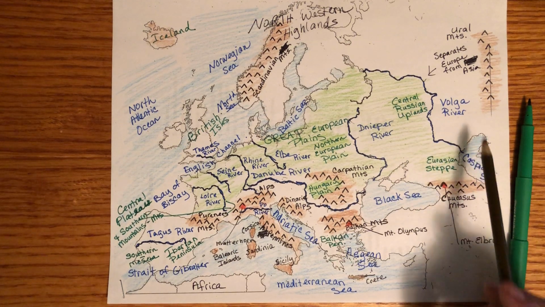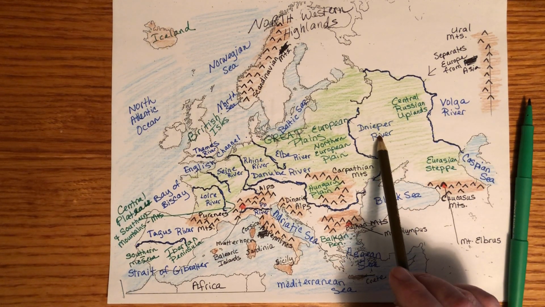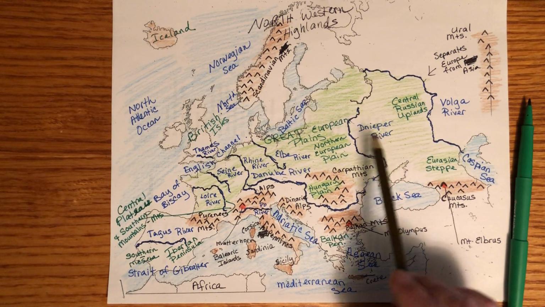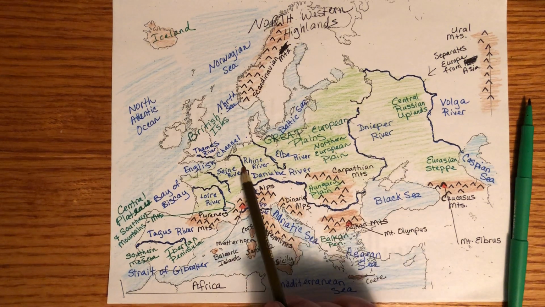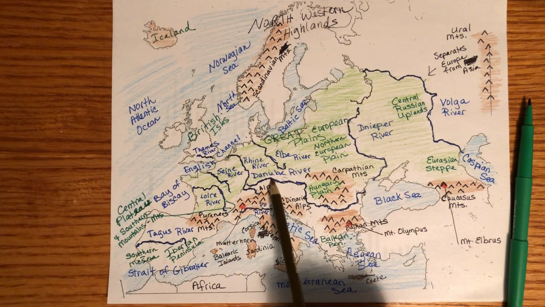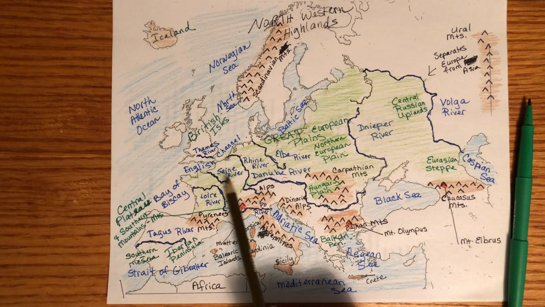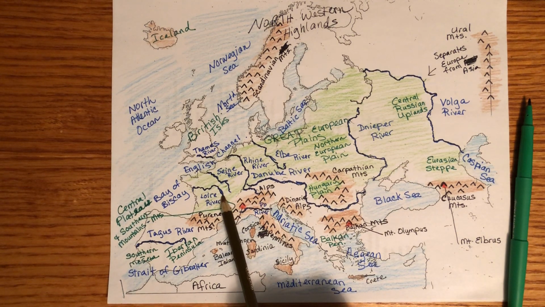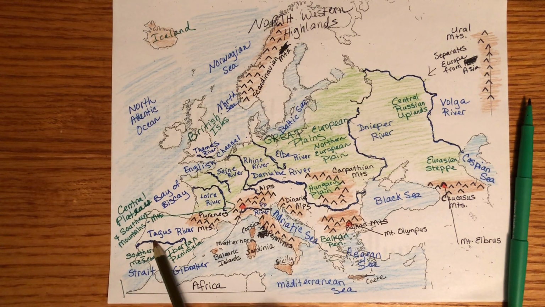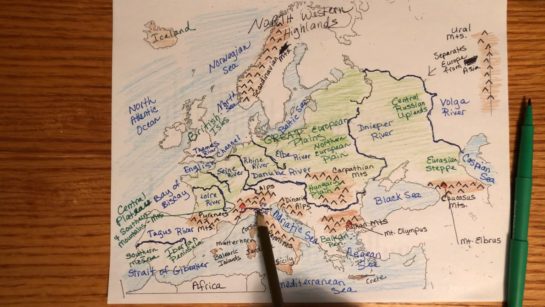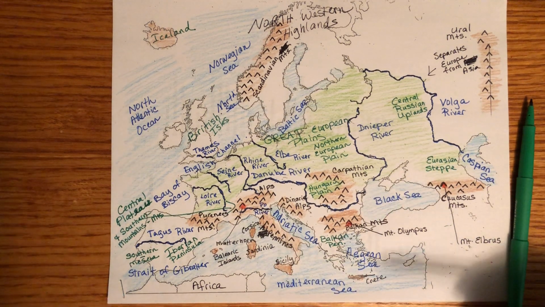Rivers are our Volga, Dnieper, Elbe, Rhine, Danube, the Seine River, the Loire River, and the Tagus River. And don't forget the little Po River right here in the northern part of Italy.